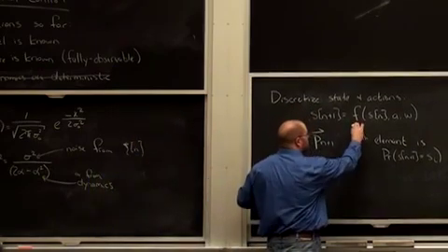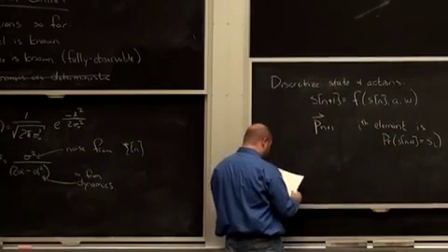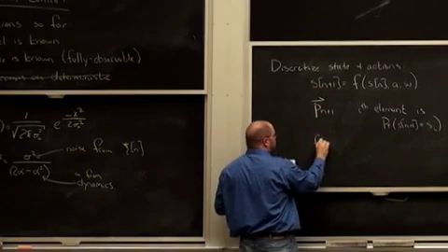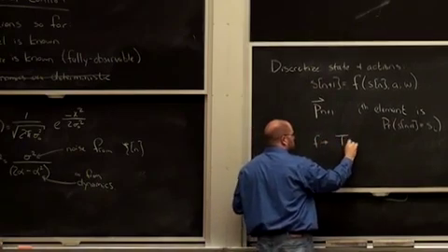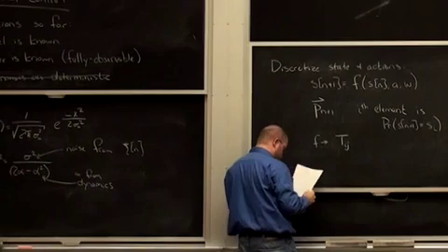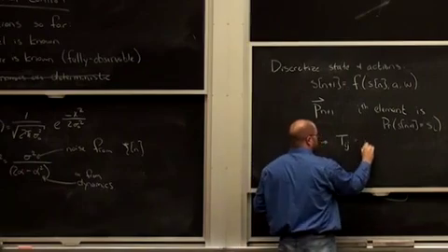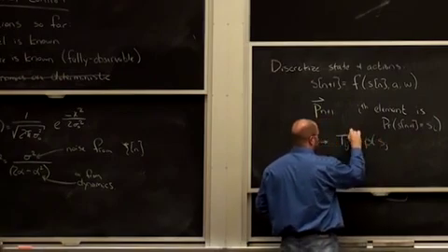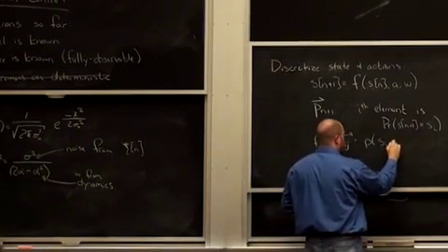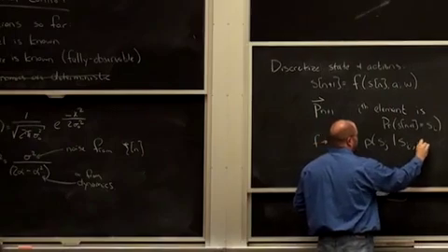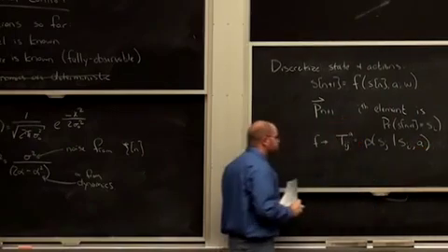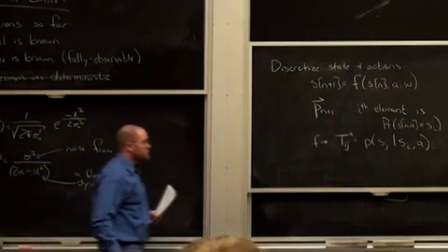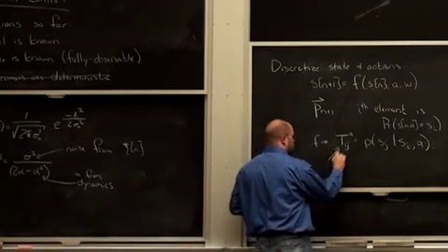And I can turn this function into a transition probability matrix. So f goes to T_ij, which is the probability of landing in s_j, depends on the actions, given I was in s_i and I took action a. This is a matrix. It's the transition matrix.